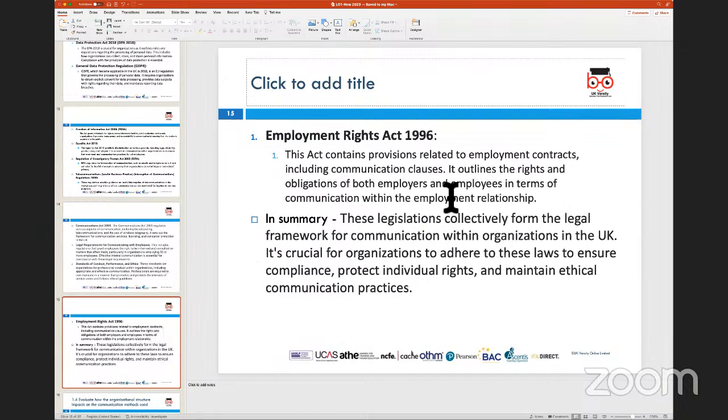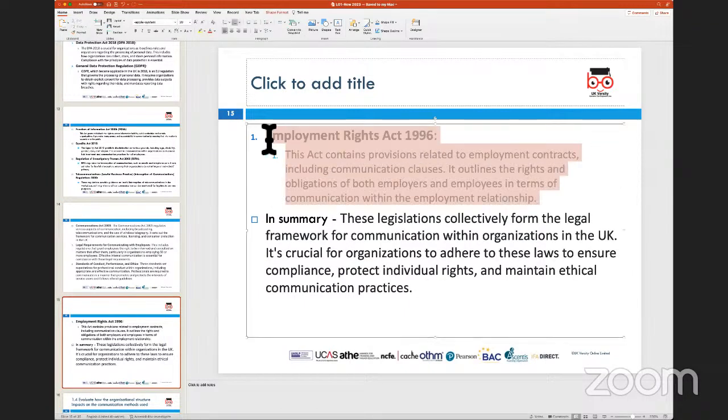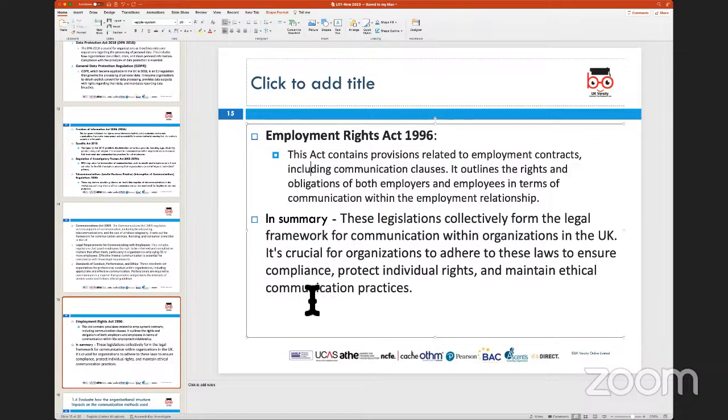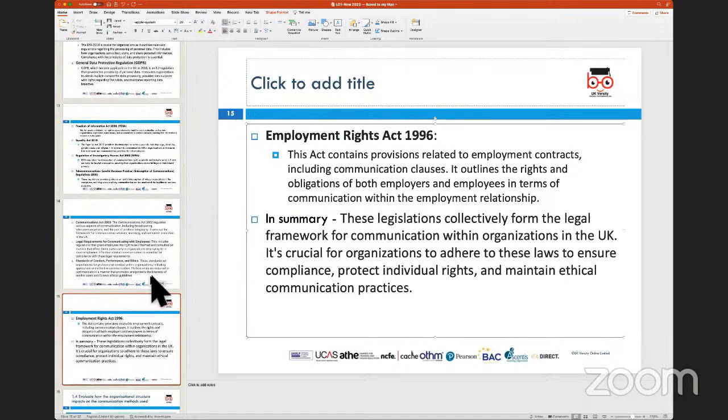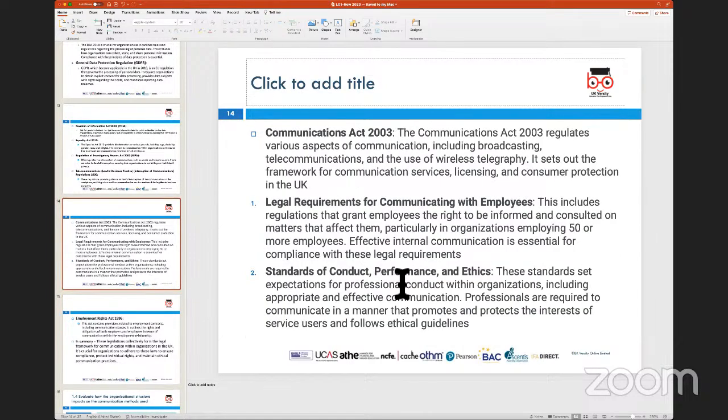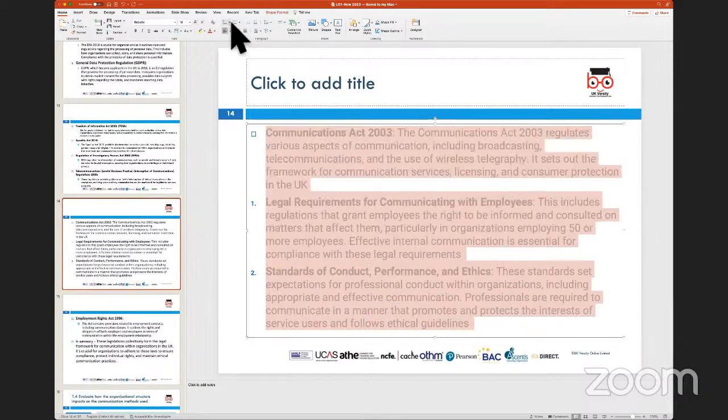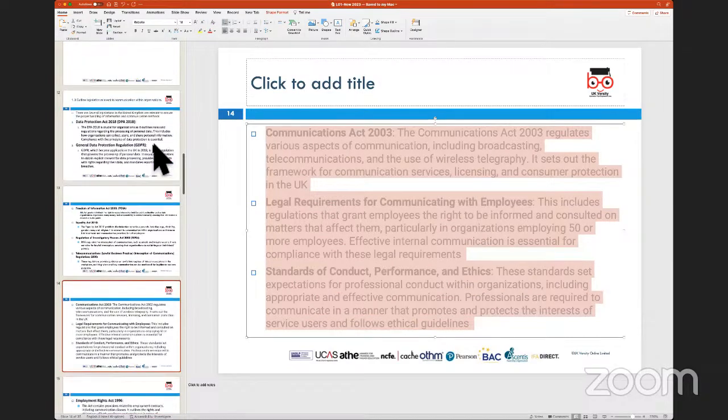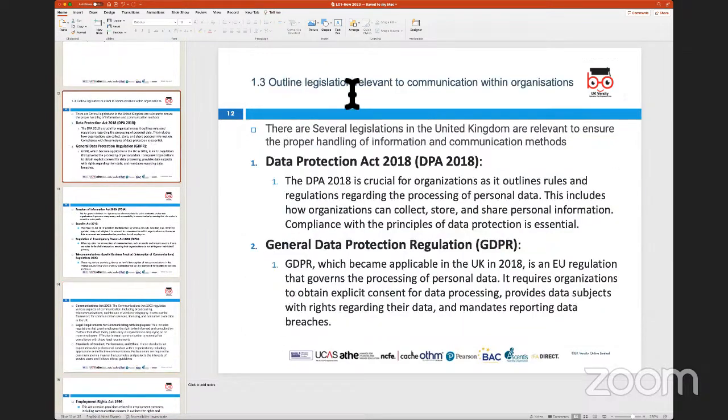These are all different acts within themselves when we talk about the legislation requirements which companies have to follow when it comes to forming their communication processes and policies. They're all individual acts. They don't fall under each other. They're all falling under what is called legislation relevant to communication.